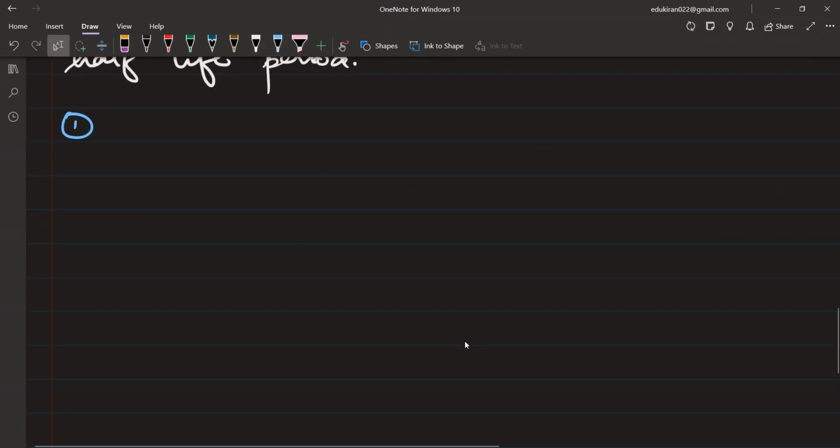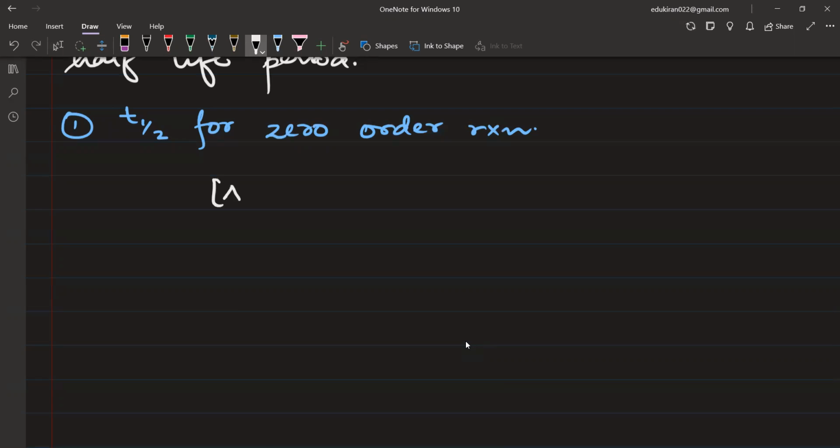Number 1. T half for zero order reaction. If you have any zero order reaction, it will follow this particular equation, A naught minus A is equal to KT, as we have derived also, where A naught is the initial concentration and A is the concentration that we are calculating the time at.